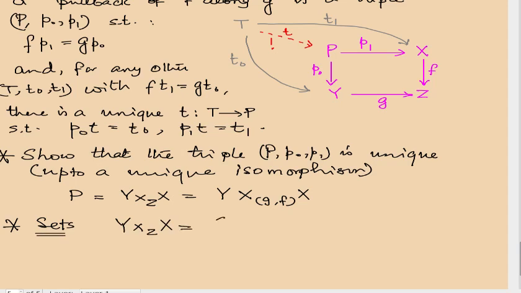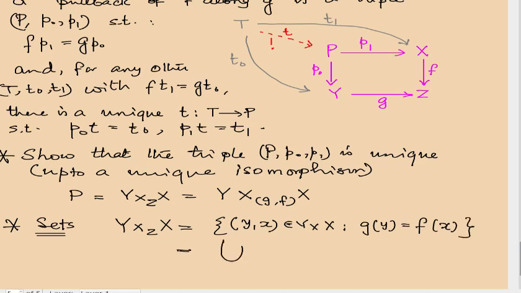So this is actually the set of all pairs yx in y cross x such that gy is equal to fx. So in other words, this is the union over z of g inverse of z cross f inverse of z.